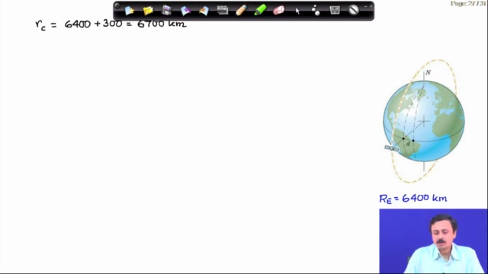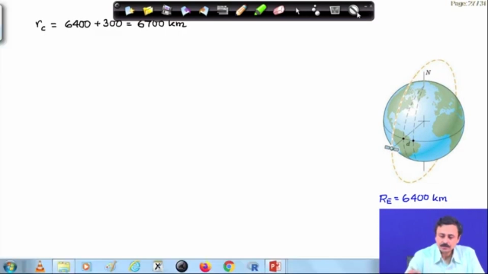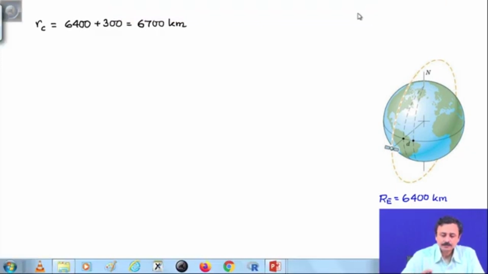Now, radius of the circular path in this particular case is the radius of the earth plus the height of the satellite from the surface of the earth. Now, that happens to be 6400 plus 300 kilometers, that is 6700 kilometer from the center of the earth.